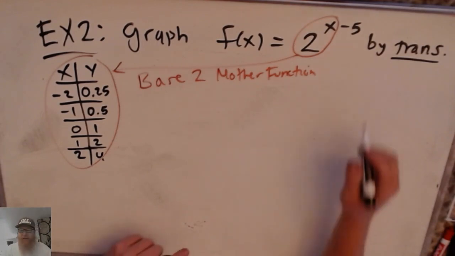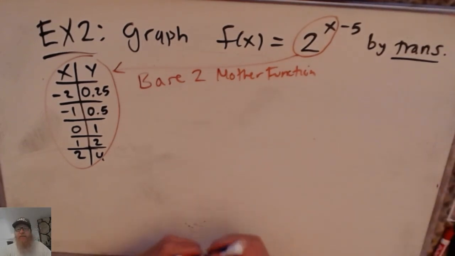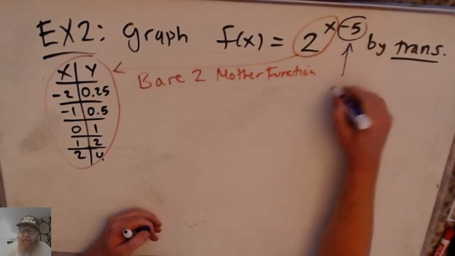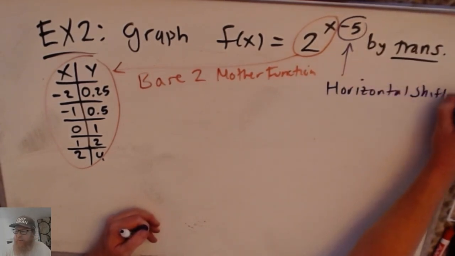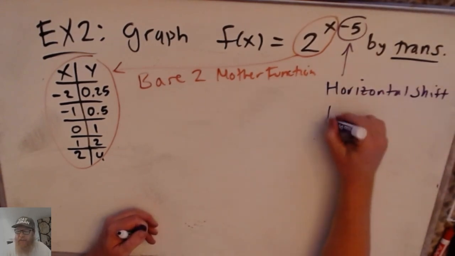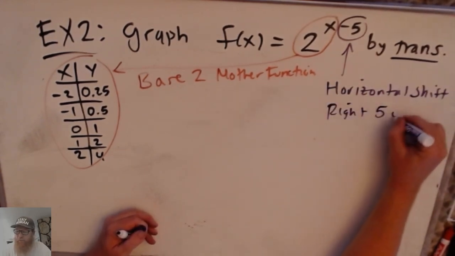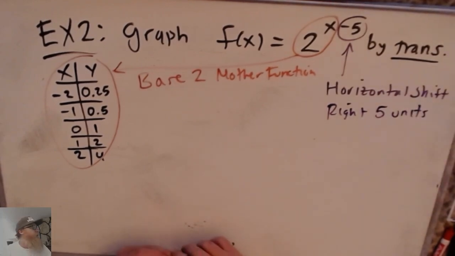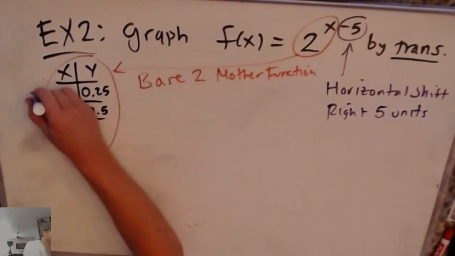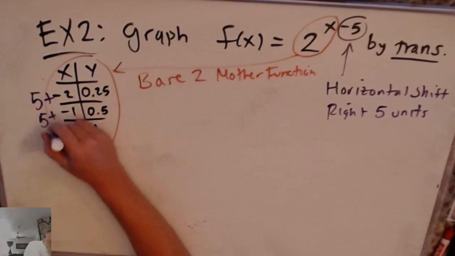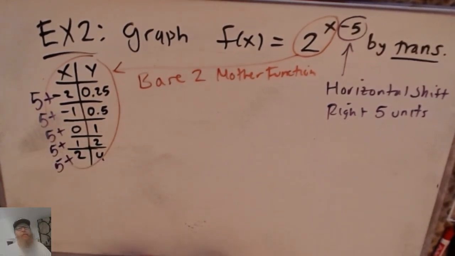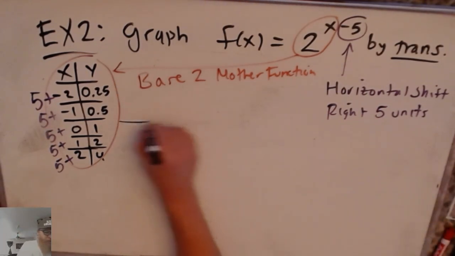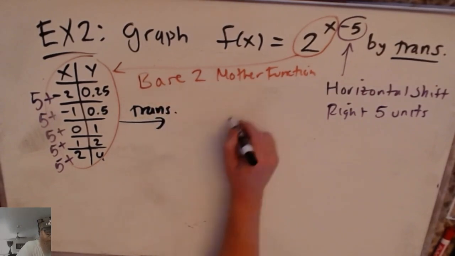Now remember, from the last couple sections, minus 5 inside is going to be a horizontal shift. And remember, it's the opposite. So we're going to go right 5 units, which means we're going to add 5 to all of my x's. Go through the transformation.